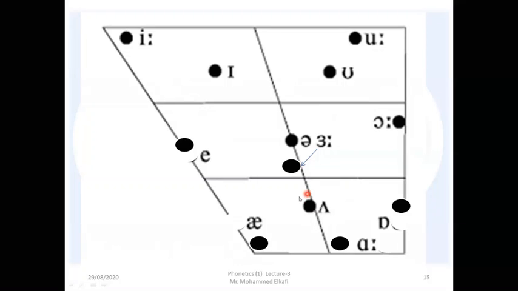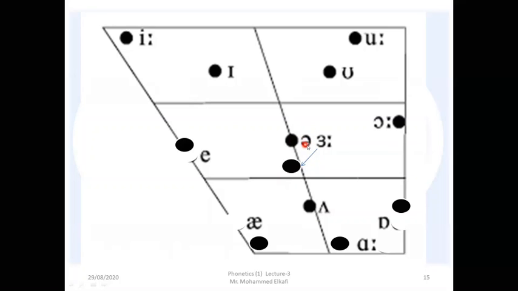You will find but. The vowel here is a, but, up. This one as in bird, also girl, air. This one as in about and America.